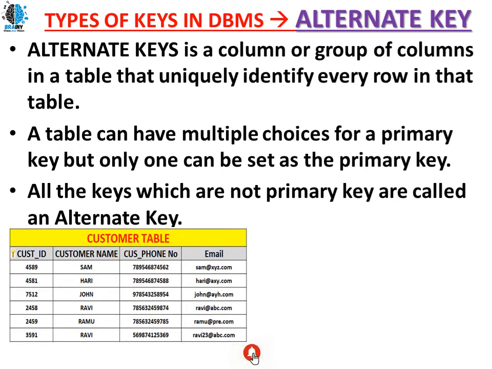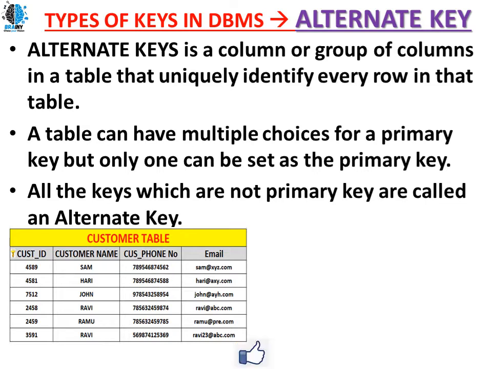So let's consider this customer table. In the customer table I have the fields or the column names customer id, customer name, customer phone number, email address. So what are the different fields which I can make the primary key?